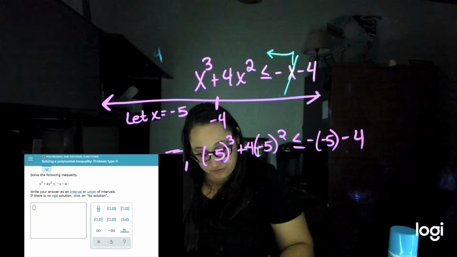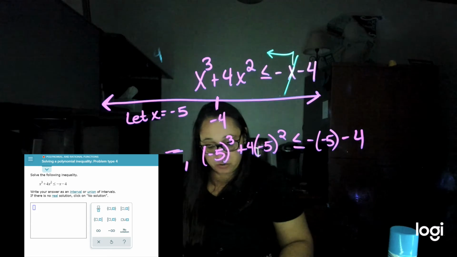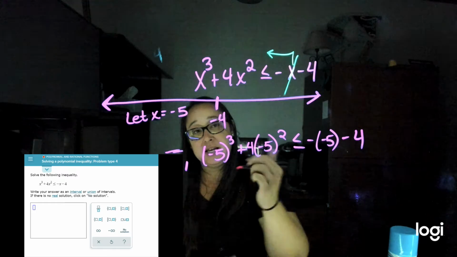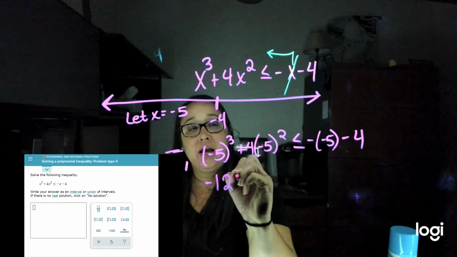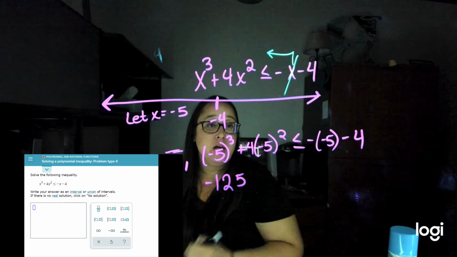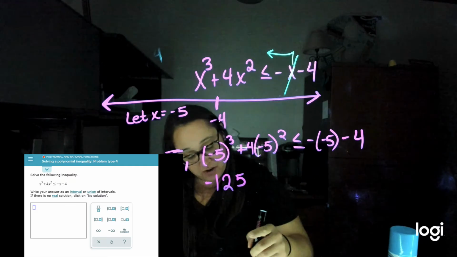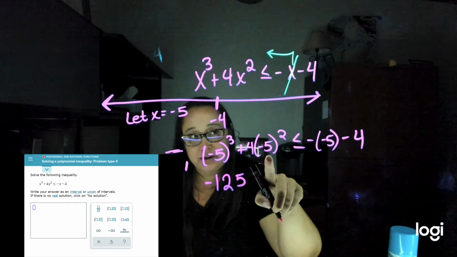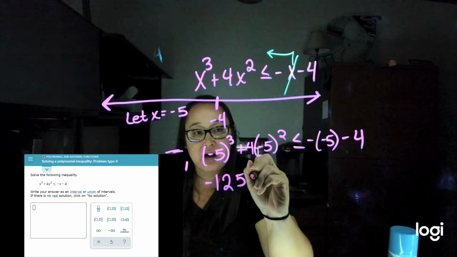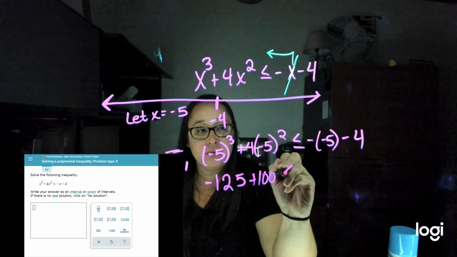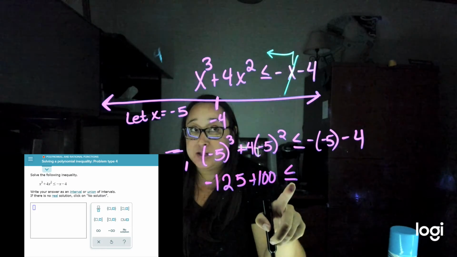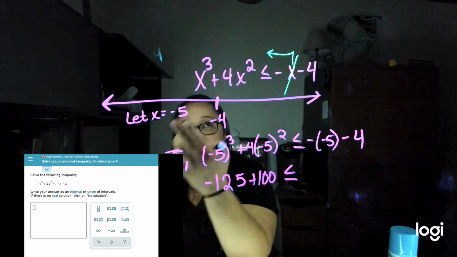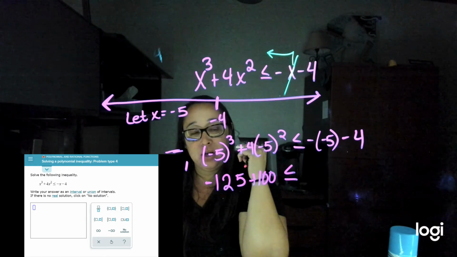Well, what is -5 cubed? If we were to cube -5, that would give us -125. If I were to square -5, -5 times -5 gives me +25. 4 times 25 gives me 100. Again, I'm going to put my inequality sign back in here. When I test these numbers, I want to test them into the original inequality.